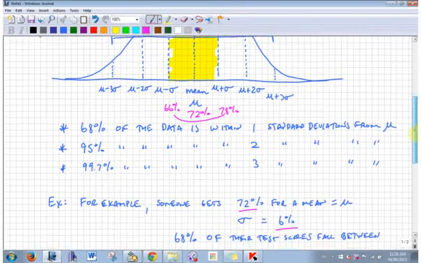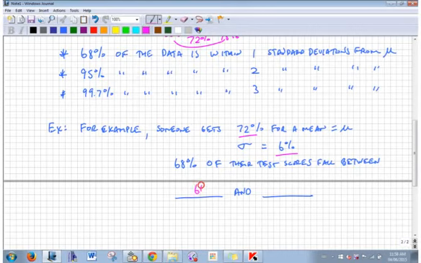So 68% of their data was between 66% and 78%. All their tests, 68% of them, or over 2/3, were between that, assuming it was a normal distribution, which of course is what we're doing.